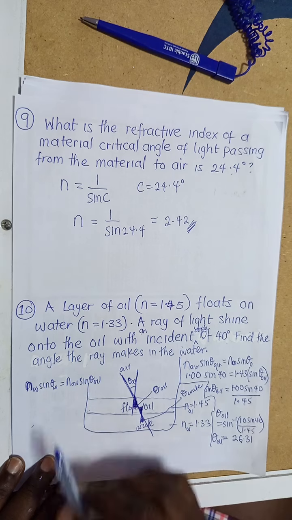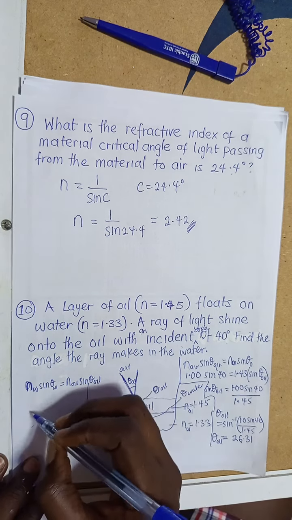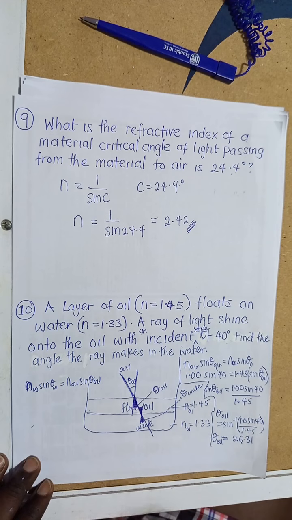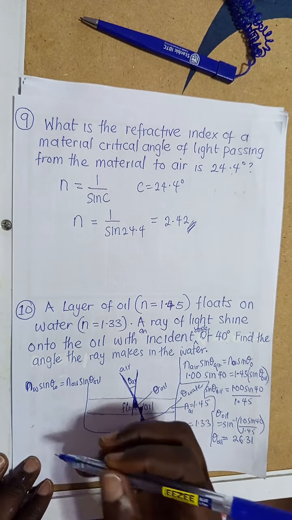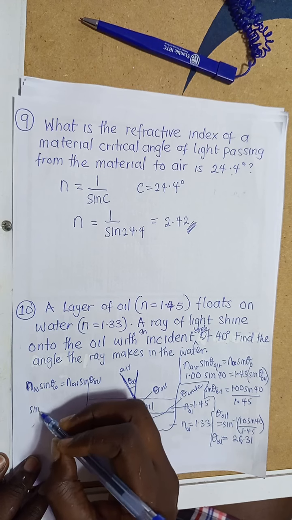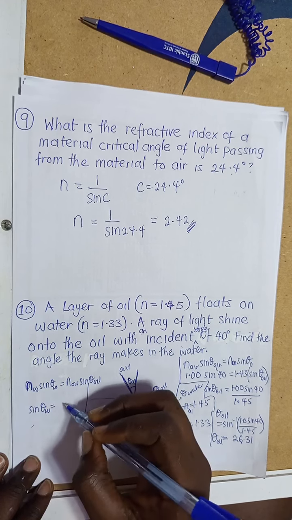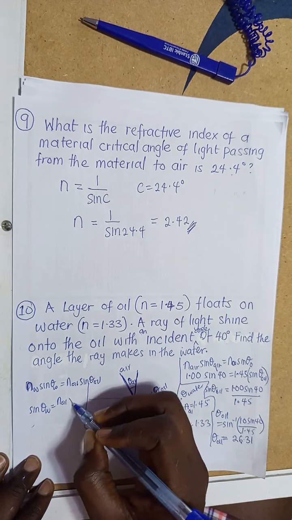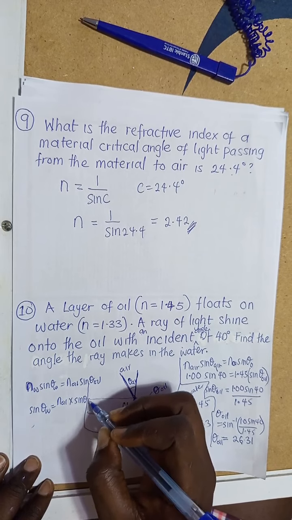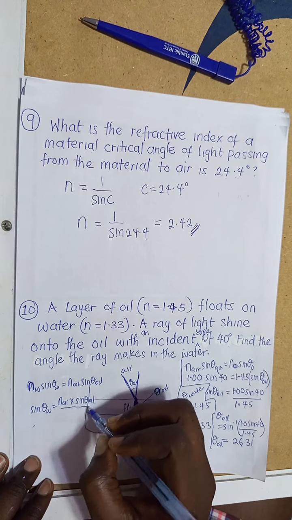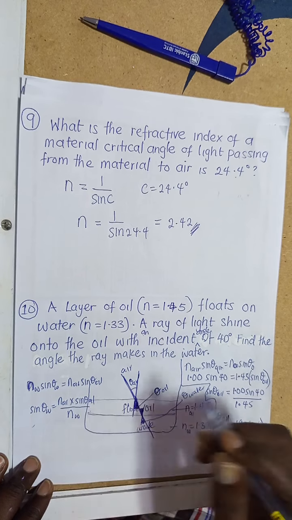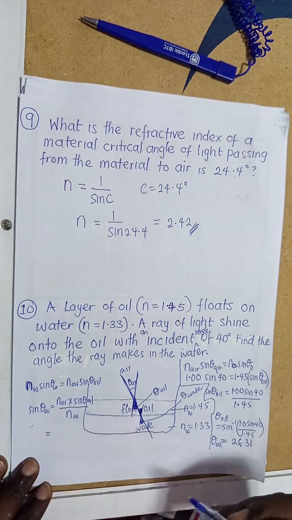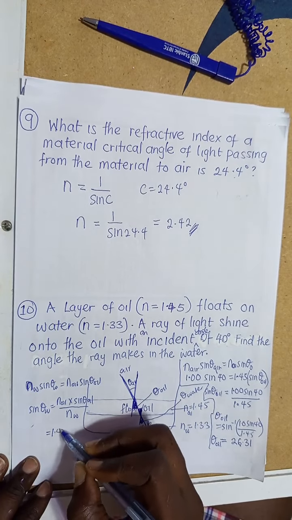So we have the refractive index of oil. So we are looking for the angle in water, which is this theta W. So sine theta W becomes n oil times sine theta oil divided by n water.